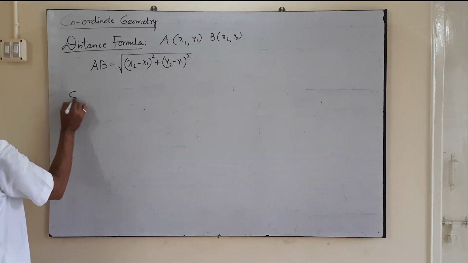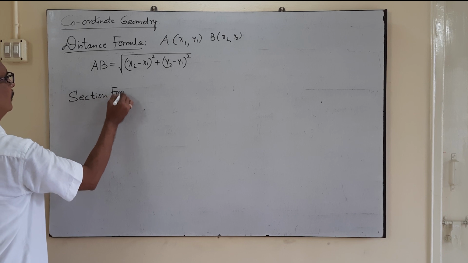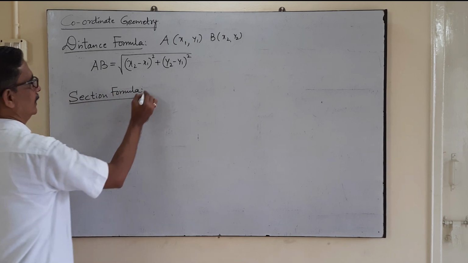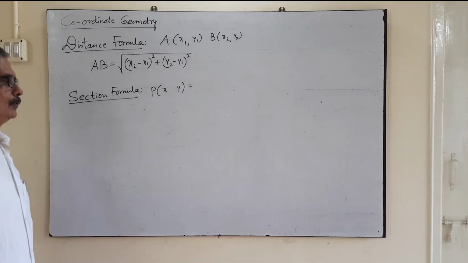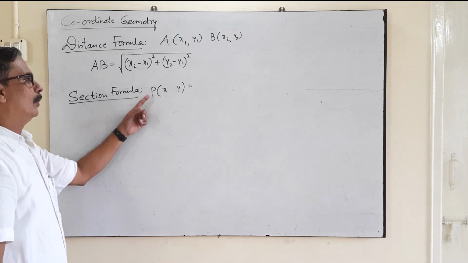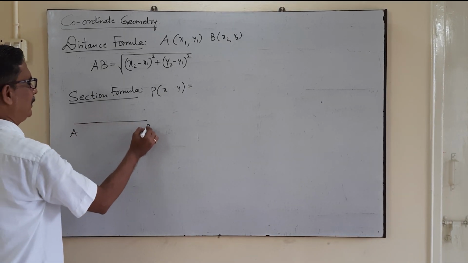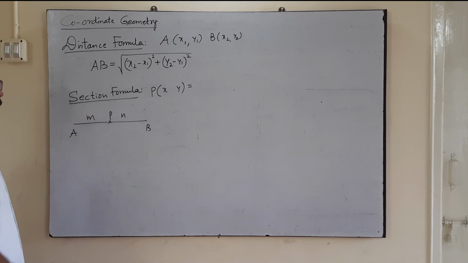Okay. Next one is the section formula. Section formula ಏನಿದೆ ನೆನಪಿದೆನಾ? So section formula. Now here, to find the coordinates of point P, which divides the line AB internally in the ratio m is to n.